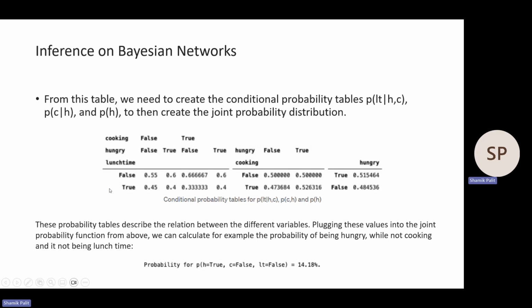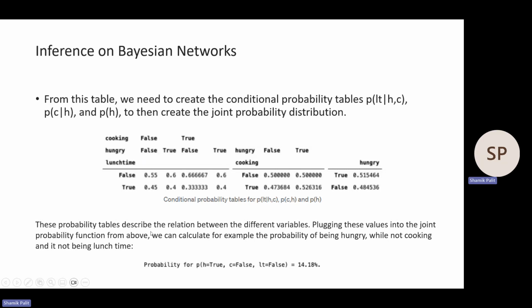And finally, we will see the conditional probability table given in the following way for lunchtime, for cooking, and the probability of hungry. So this is how we are getting the values of the conditional probability, as we have seen the values represented over here.